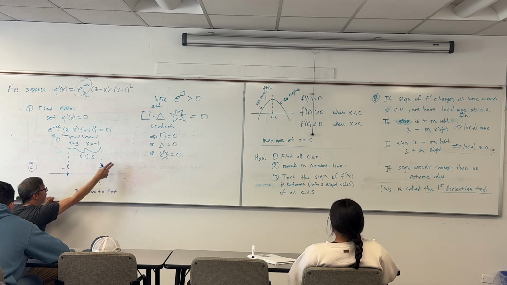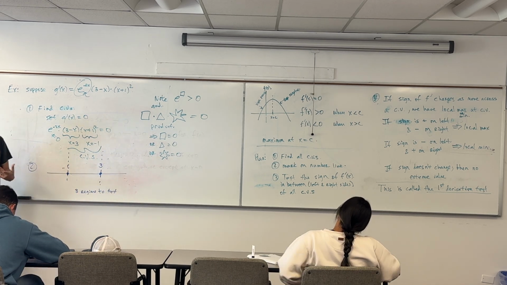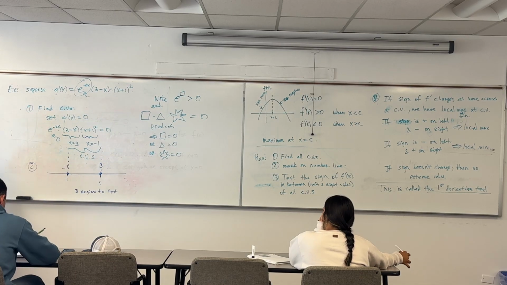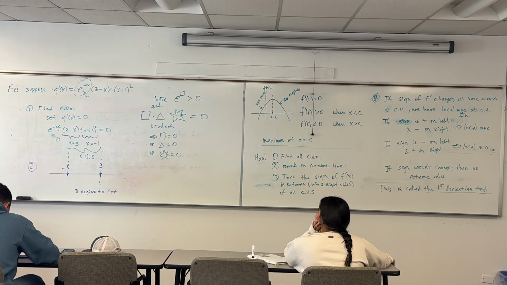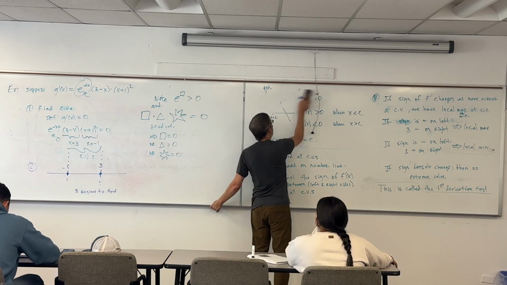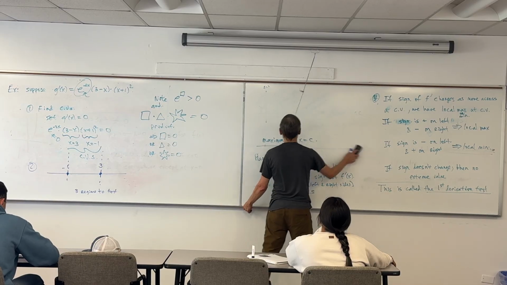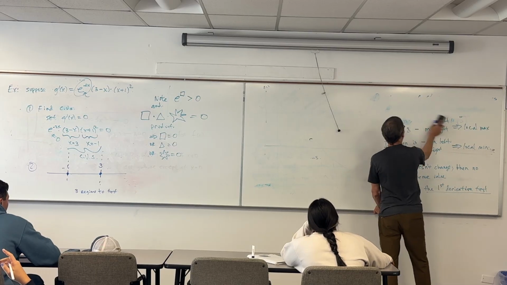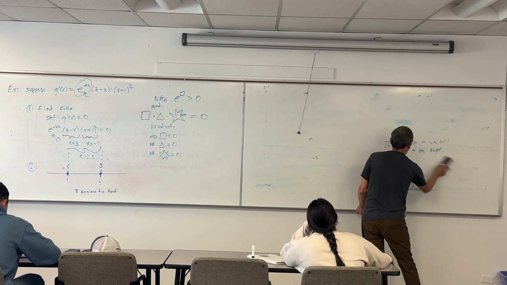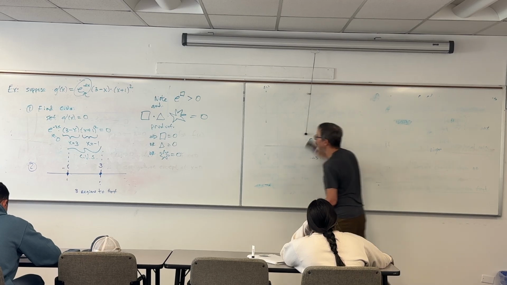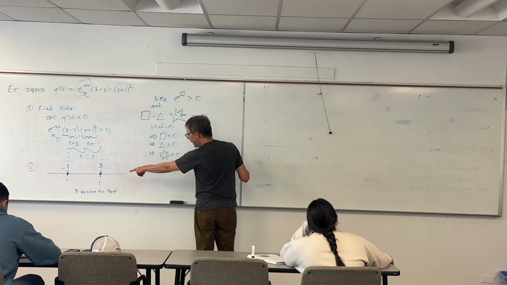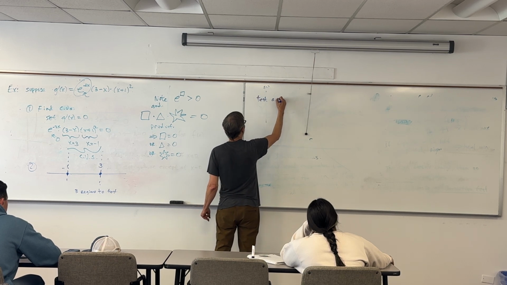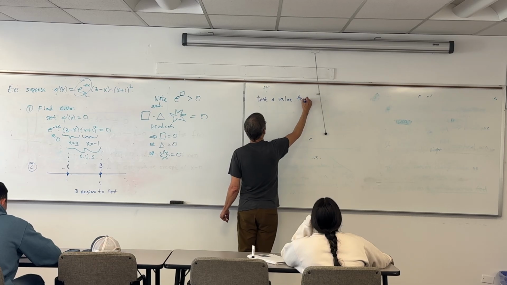Left, middle, right side. So what I'm gonna do is pick a value out of each one of these, put it in the first derivative, and see if it's positive or negative. So let's write that out over here. Okie dokie. So we'll test a value from each region.